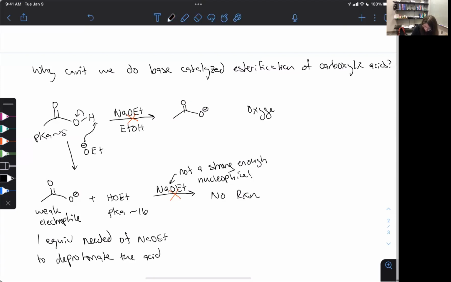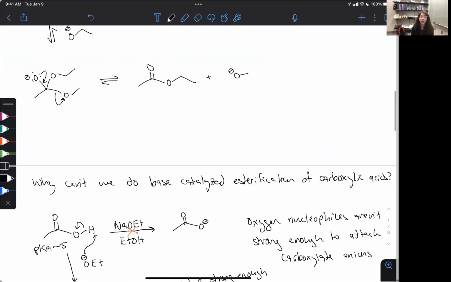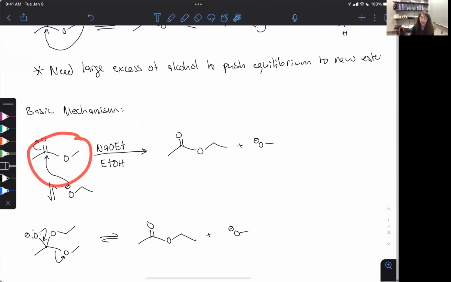So oxygen nucleophiles aren't strong enough to attack carboxylate anions. Okay, so that's why we can get away with the base catalyzed esterification when we are doing a transesterification, because we don't have any acidic protons here.